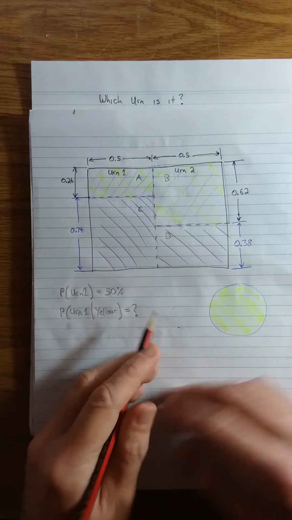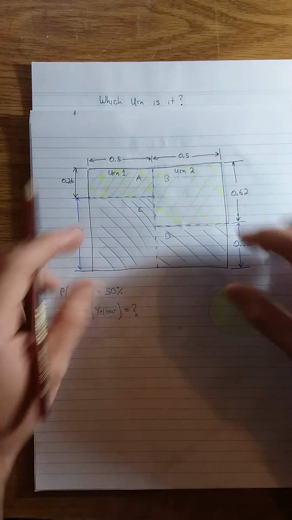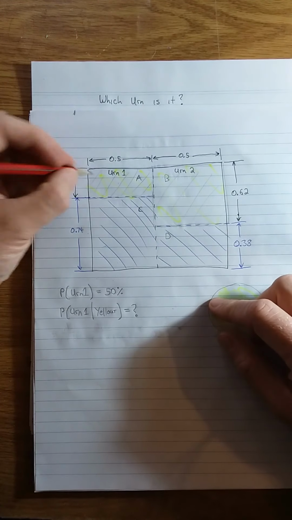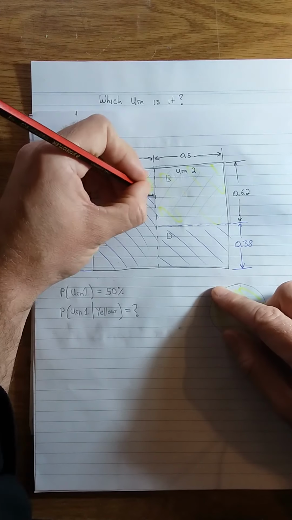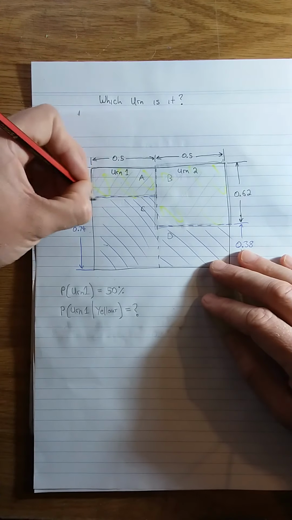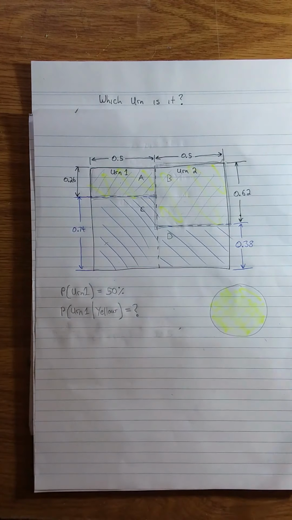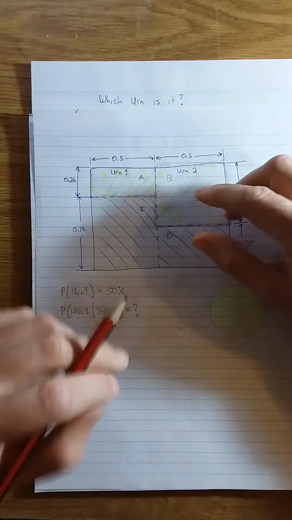Now, drawing a yellow ball shrinks our world down. It shrinks this universe. It restricts us to these two subsections, so section A and section B, which means when we're considering our probabilities, we only need to consider what happens in here.